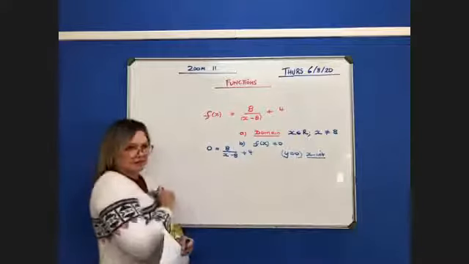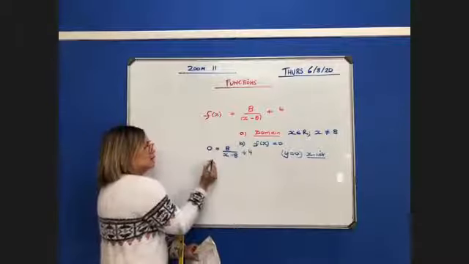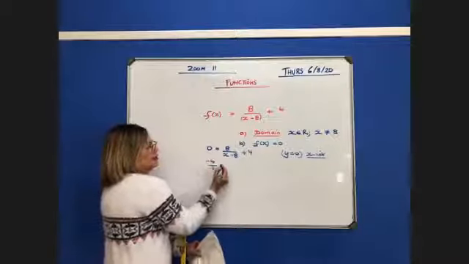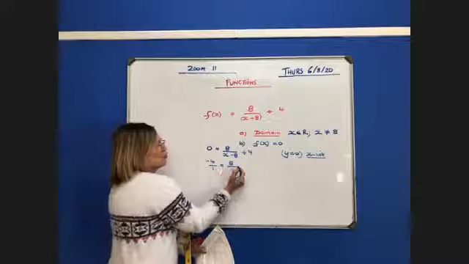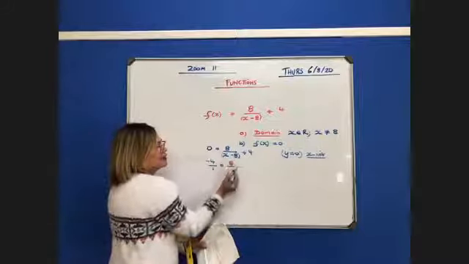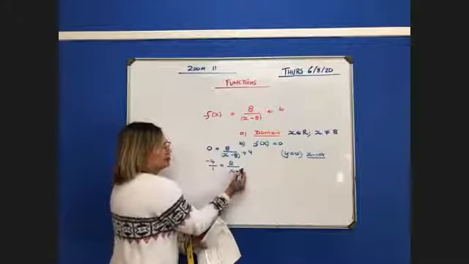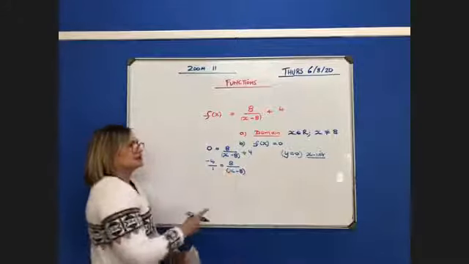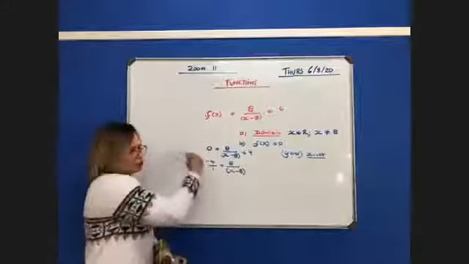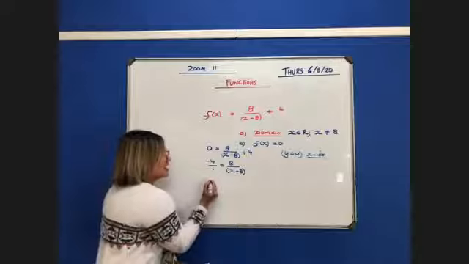Are you happy? So if you bring this across, we'll get minus 4, put it over a 1, equals 8 over x minus 8. Now remember, a division line is a flat bracket. So if you get more than one term above or below a division line, put it in a bracket. Now you could LCD this, or you could do the quick bypass, which is just cross multiply, and that is how you flatten it.